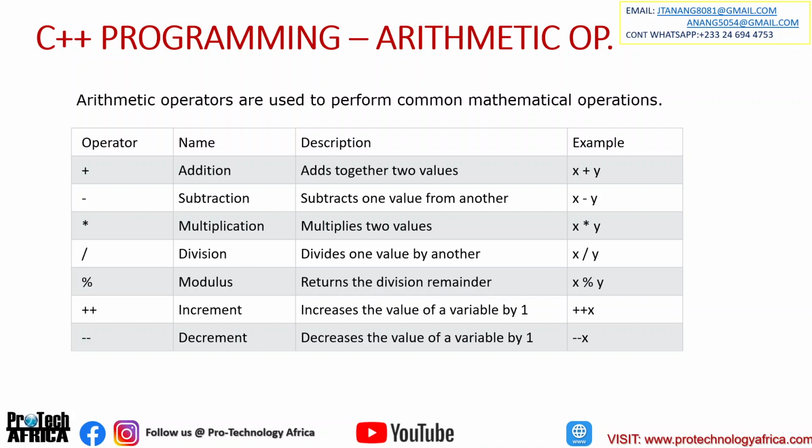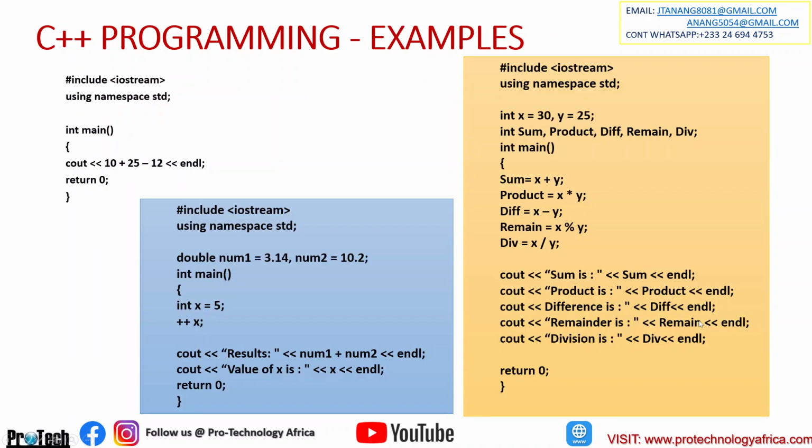Because I've added one more to it. And then we also have the decrement, which decreases the value of a variable by 1. So if I have minus minus x, and x is 20, my new value of x is going to be 19. Why? Because I have decremented it by 1. So that explains the arithmetic operations.